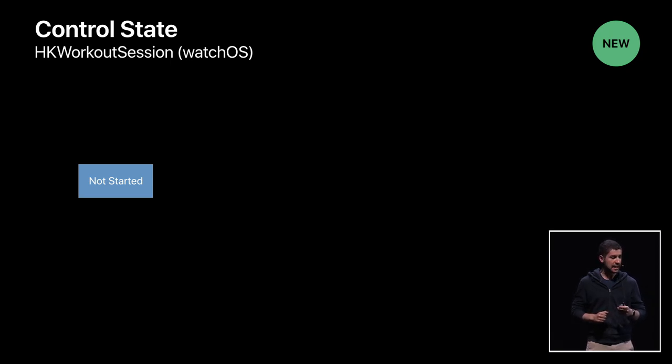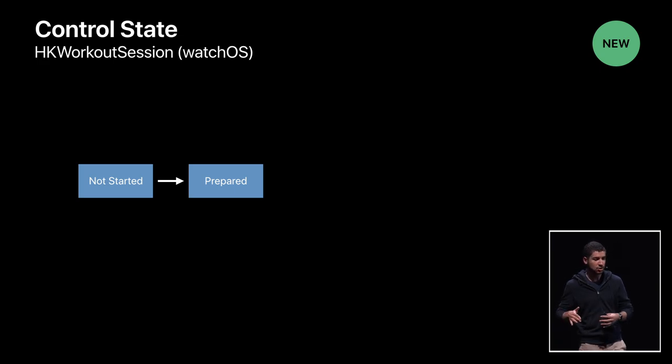So after that, we'll be moving to the prepared state. And so the prepared state will put the system in session mode, which means that your application will have background running. The sensors will also be ready to track the activity. But the workout has not started yet.